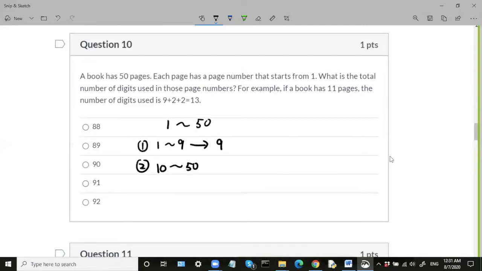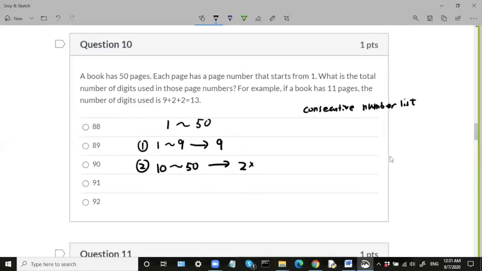Okay, page 10 to page 50. So we have 2 digits on each page. But we need to know how many pages there are from page 10 to page 50. Okay, so let's review a consecutive number list.